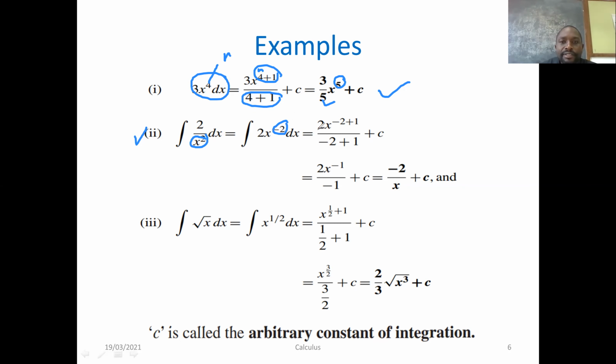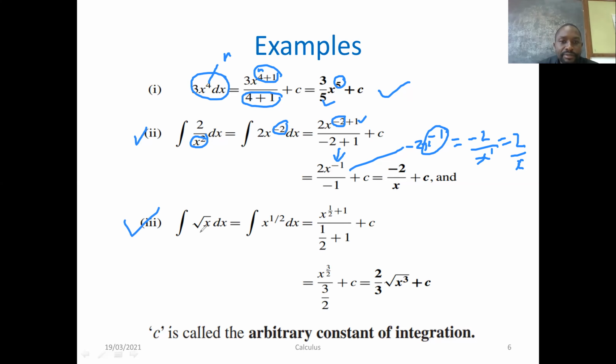Therefore, you can integrate this as 2x to the power of minus 2, which is your n in this case, plus 1, divided by minus 2 plus 1. Simplifying this, you get 2x to the power minus 1 divided by minus 1, which is the same as negative 2 over x.